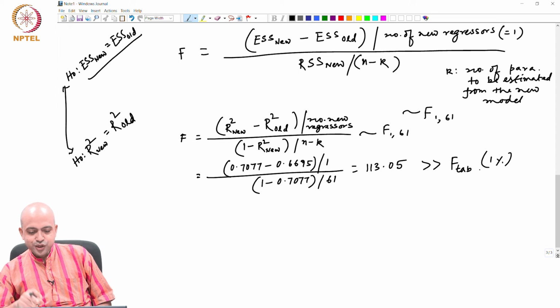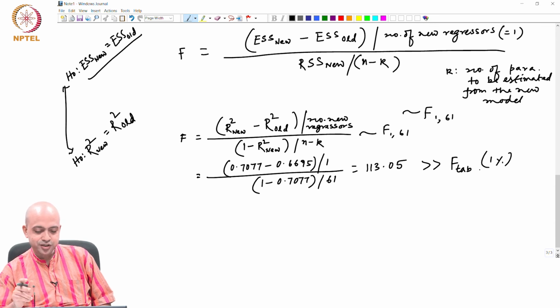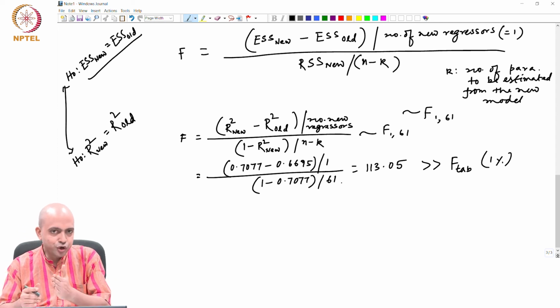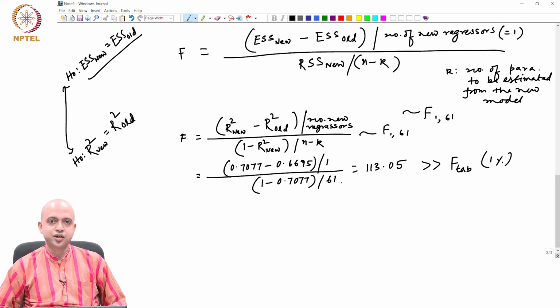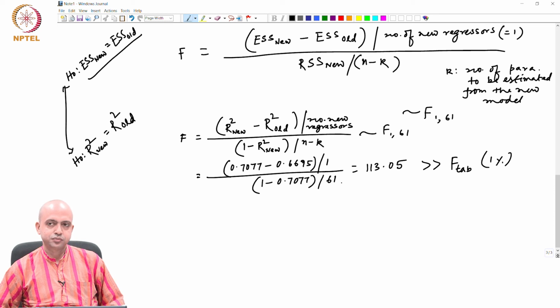That is why in this model, in the denominator we have n minus k; the expression is adjusted for degrees of freedom. The more variables you add, k would be more, and you have to divide by n minus k, so in some way you are adjusting for degrees of freedom.